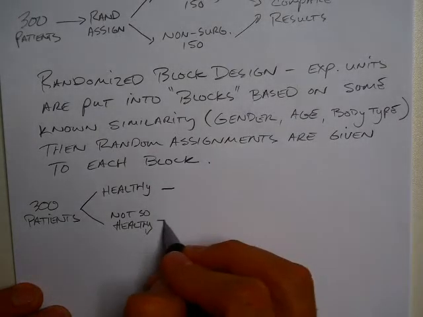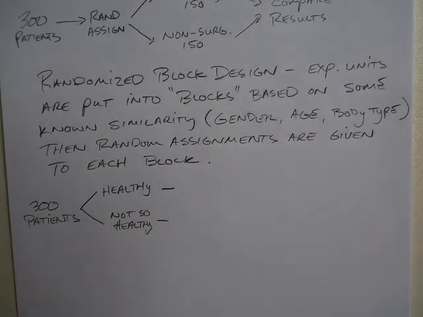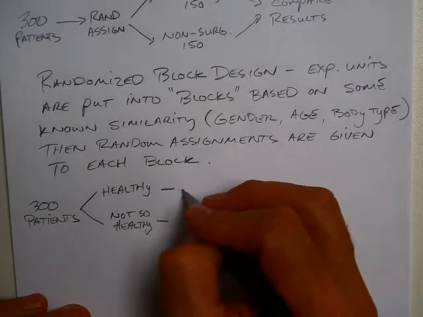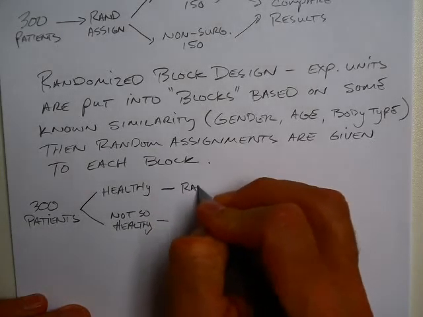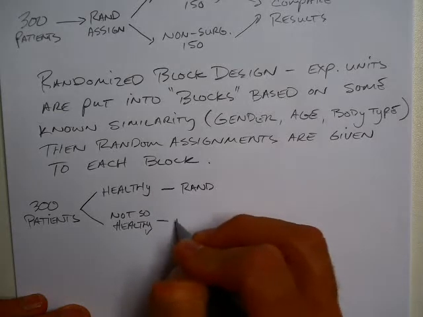Are these groups necessarily equal? Not necessarily equal, right? That's okay. We've blocked them the way we think we need to. Then we would do some sort of random assignment in both cases.